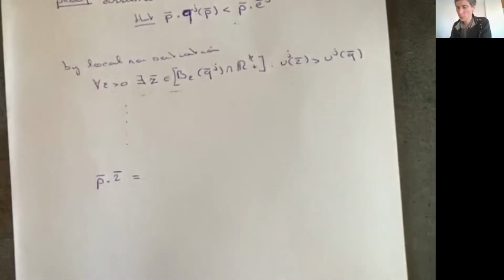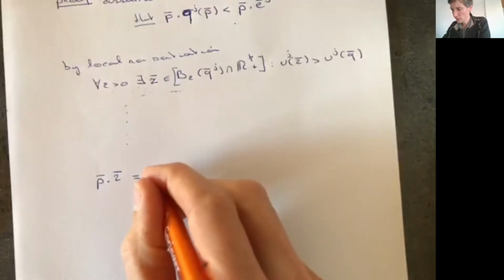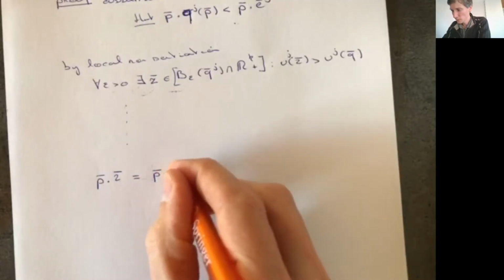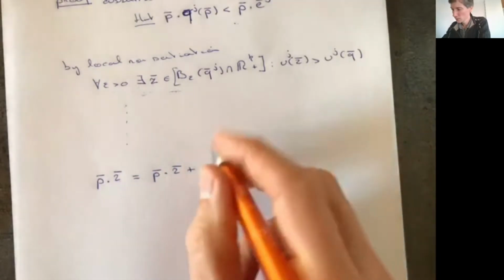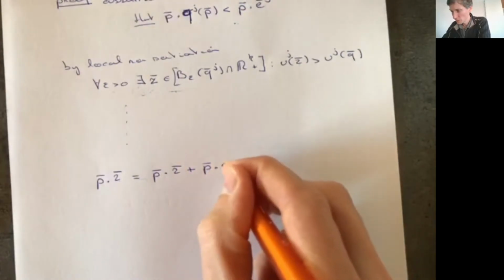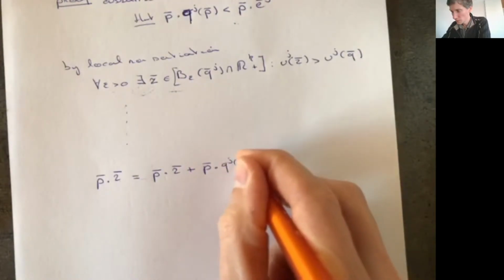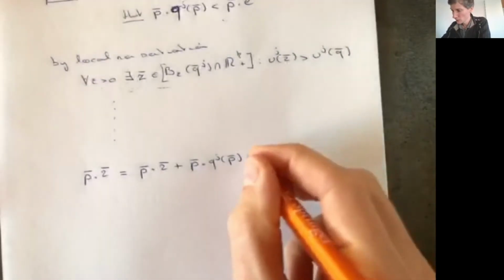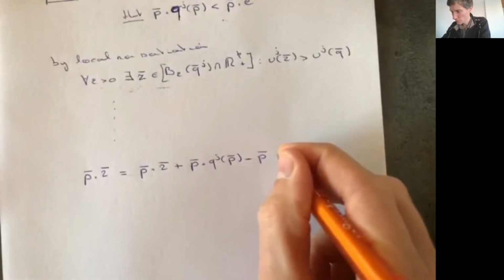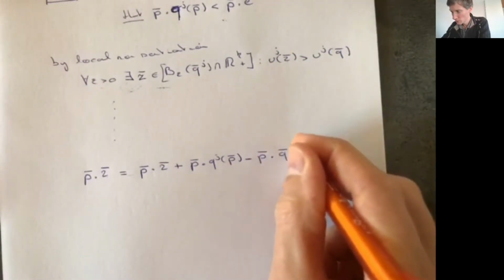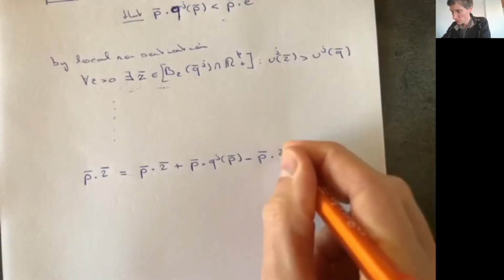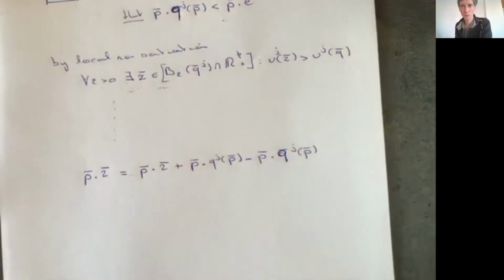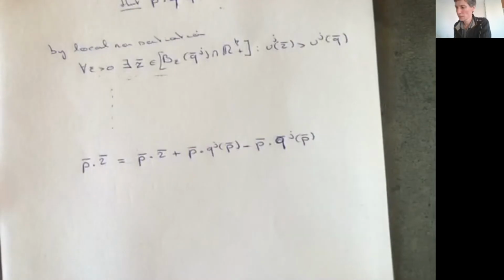Okay, so how do we get Qj in here? Well, we can add P times Qj and then subtract P times Qj, right? So I always forget no line here because it's a function.